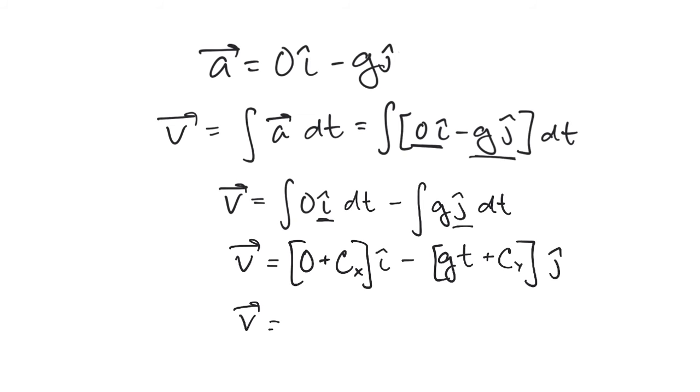So the initial velocity in the x direction would be v naught in the x direction, i hat, minus g times t plus c in the y direction. That's the initial velocity in the y direction. So that's v sub 0 y j hat.